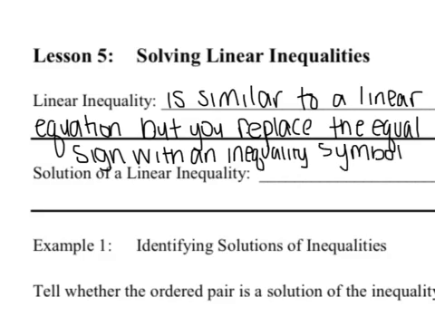So the equations are going to look exactly the same, except instead of having an equal sign, we're going to have a less than or greater than, or a less than or equal to or greater than or equal to. That's the only difference.